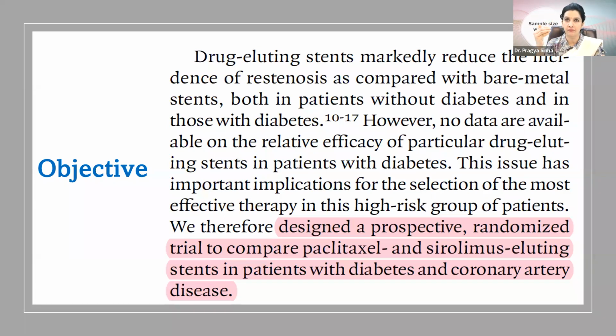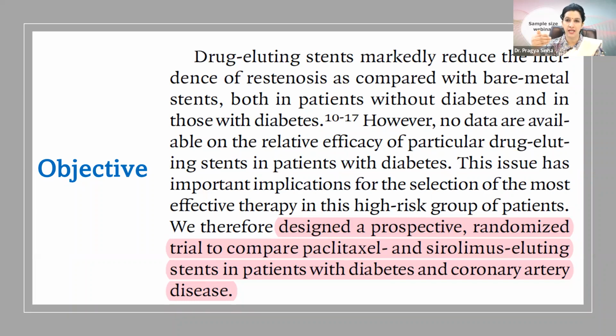They reduce the incidence of restenosis as compared with bare metal stents, both in patients without diabetes and in those with diabetes. However, no data are available on the relative efficacy of a particular drug-eluting stent in patients with diabetes. This issue has important implications for the selection of the most effective therapy in this high-risk group of patients.